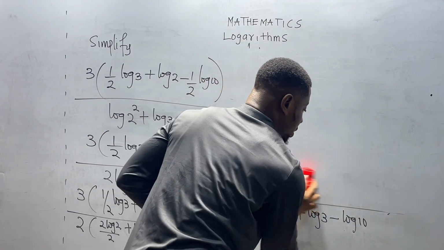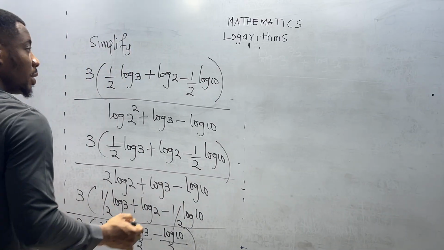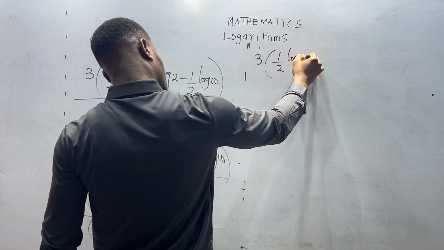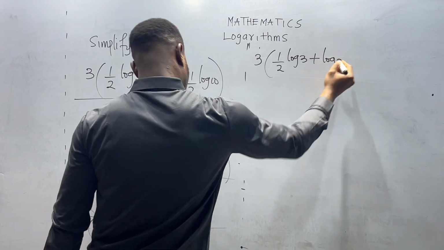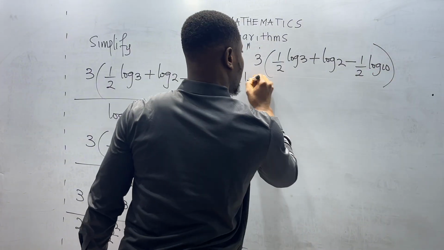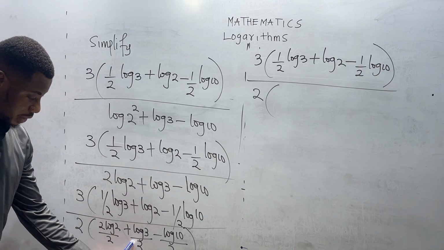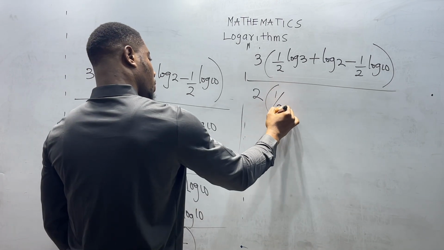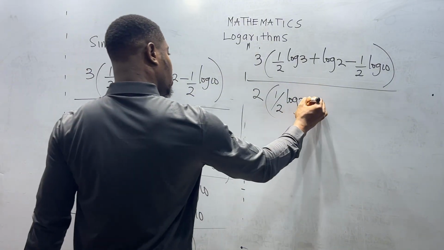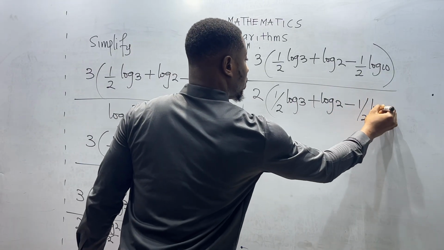We're very close to our answer here. So you can see clearly that what we have left is 3 into 1 over 2 log 3 plus log 2, negative 1 over 2 log 10, divided by, now since we brought out 2 here, we can just rearrange it, so we allow this to come first: 1 over 2 log 3, then 2 can cancel out 2 here, we have plus log 2, then minus 1 over 2 log 10.